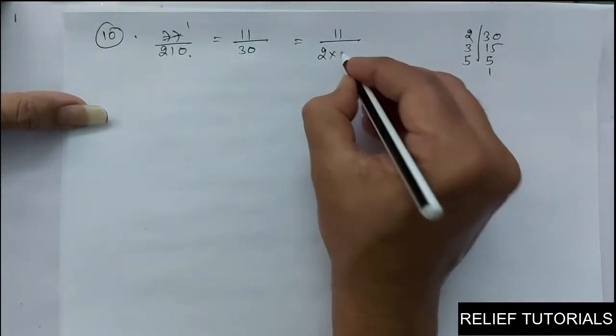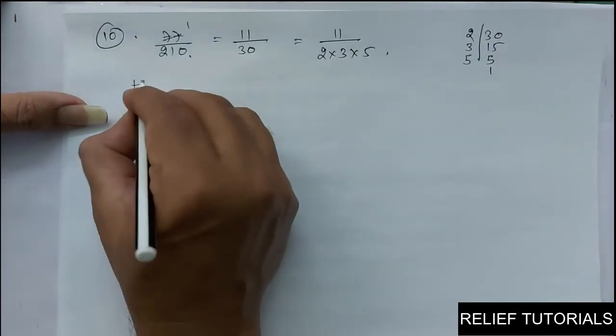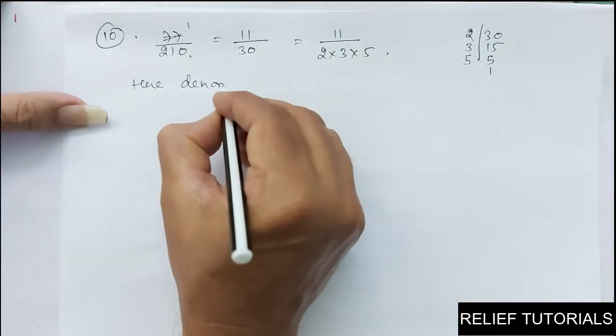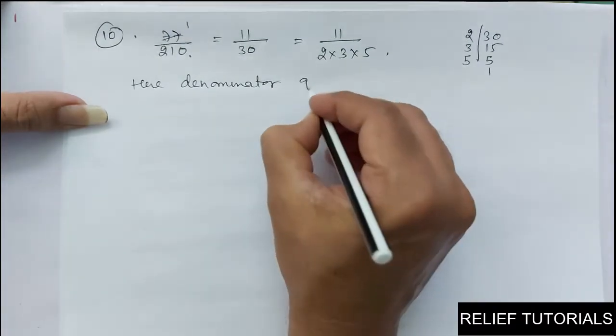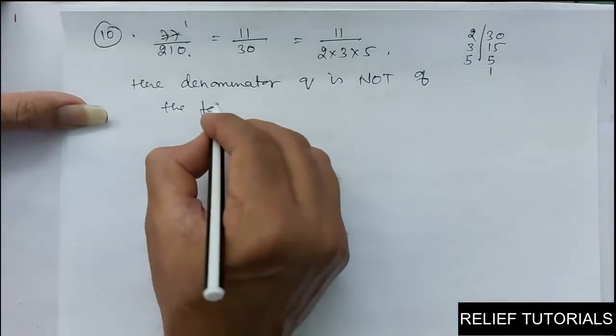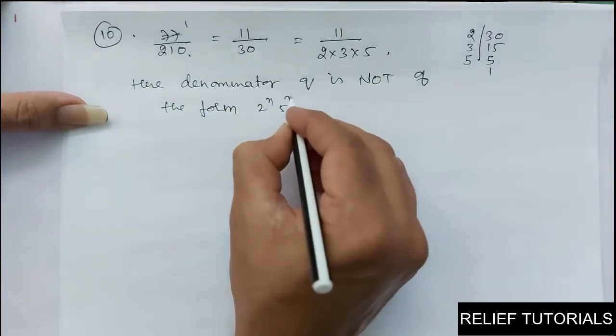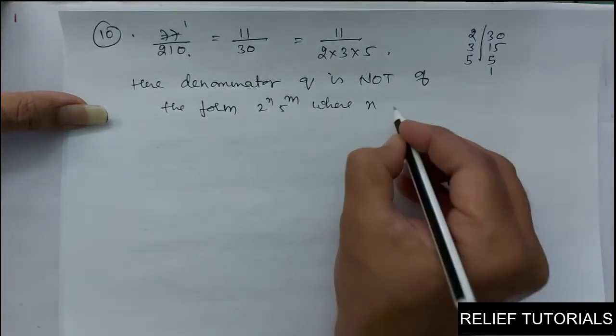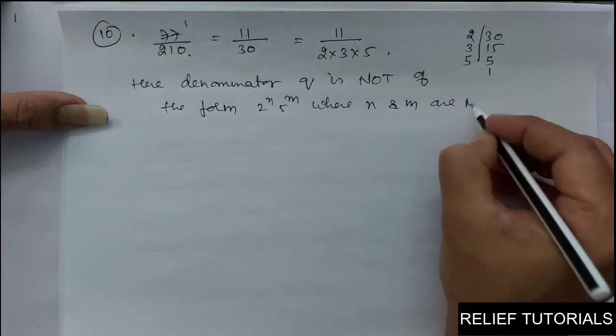So you will get 2 into 3 into 5. So here the denominator q is not of the form 2 raised to n, 5 raised to m, where n and m are non-negative integers.